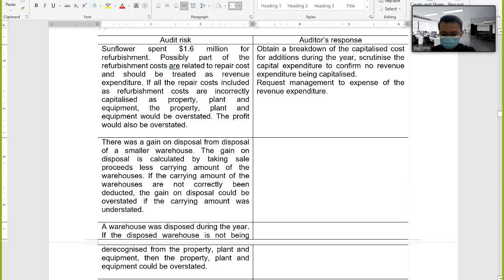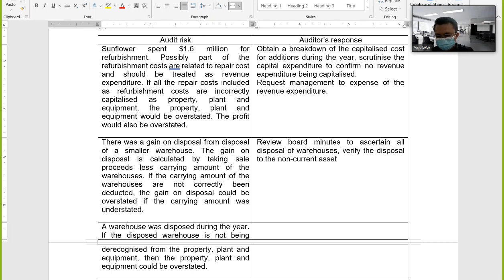So what we are going to do is we first confirm all the disposals are taken up by looking into the board minutes. Okay, you must make sure all disposals are taken into account. So review board minutes to ascertain all disposals of warehouses, verify the disposal to the non-current asset register, because from the non-current asset register you can see the cost of the asset, accumulated depreciation for the assets, everything.